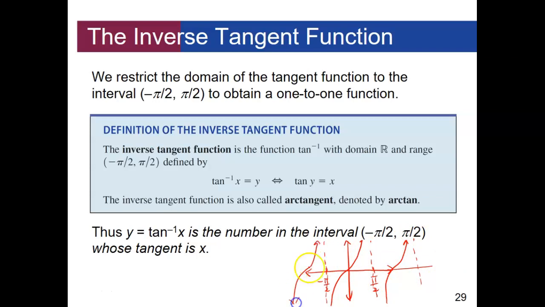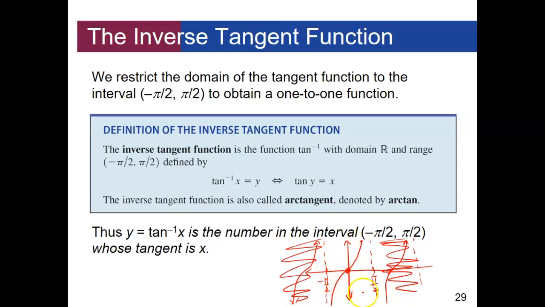So what we do with inverse trig is, in order to have an inverse trig function, we've got to restrict our domain so that it'll pass the horizontal line test. Well, it makes sense just to look at one of these graphs here, and the one that we choose is actually going to be this one centered at the origin.